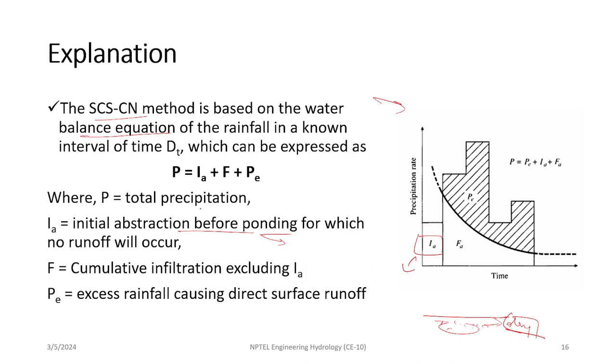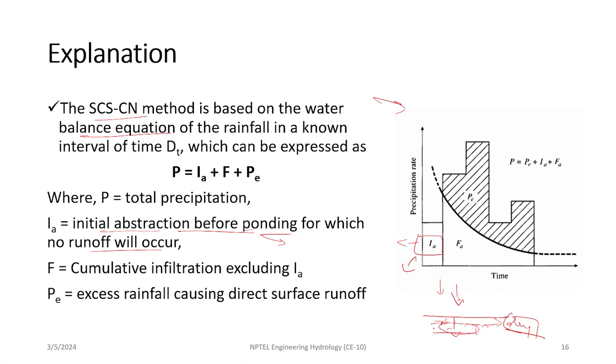So this is the initial abstraction before ponding, for which no runoff will occur. Whatever rain is falling is completely infiltrated. That is why we call it IA. Then coming to the next, we have further infiltration now.